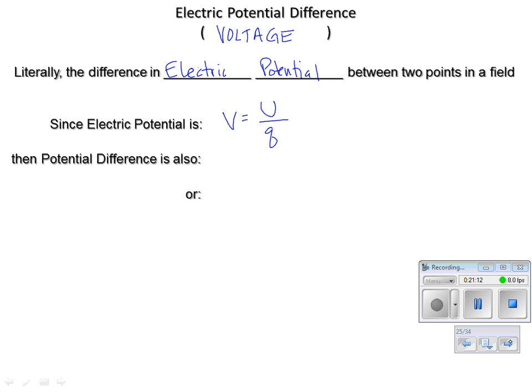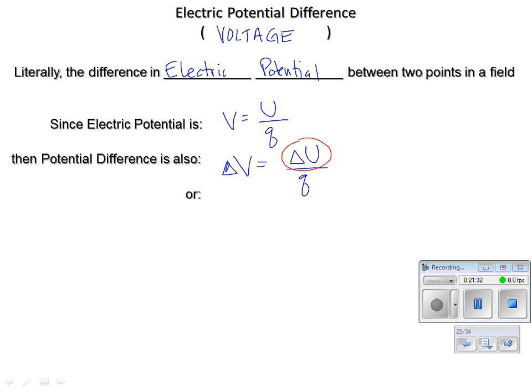That means potential difference, we can write it sometimes as delta V, but sometimes they just write it as V, so you've got to be careful of that, is delta U per unit charge. Now, delta U is the change in potential energy.